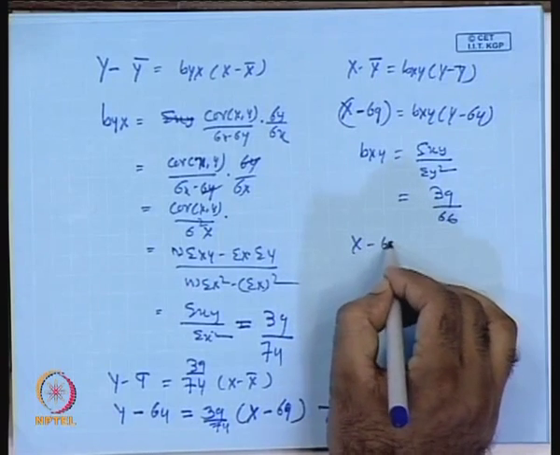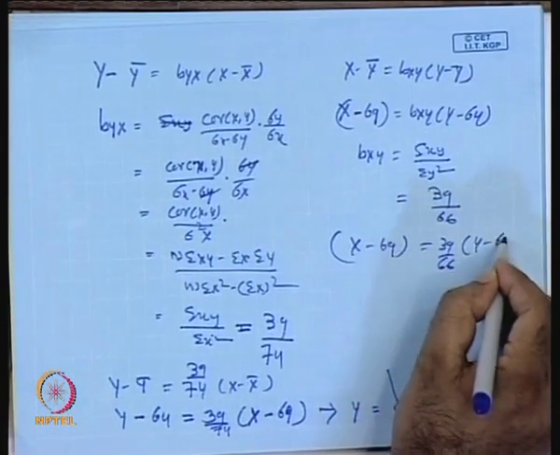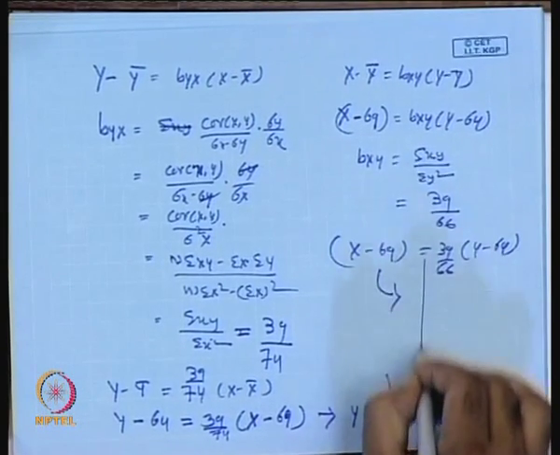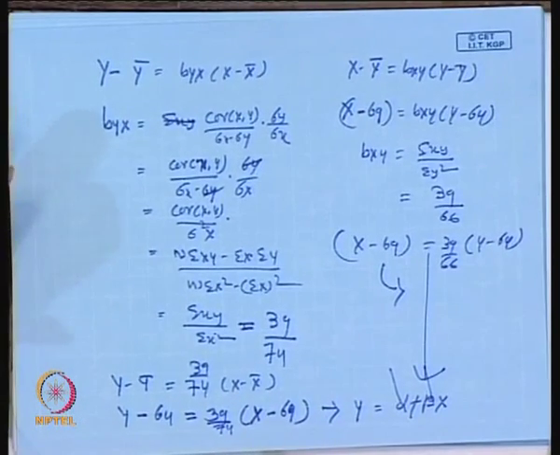So x minus 69 equals 39 by 66 into y minus 64. If you simplify this further, you will again get it in the format of y equals alpha plus beta x, where alpha and beta are supporting factors.